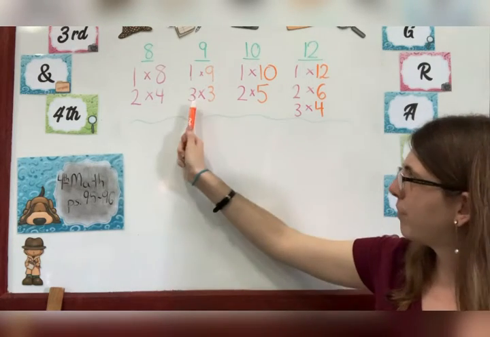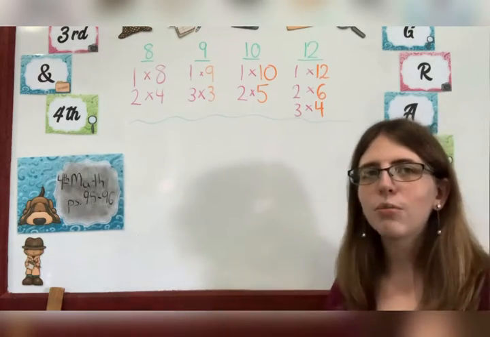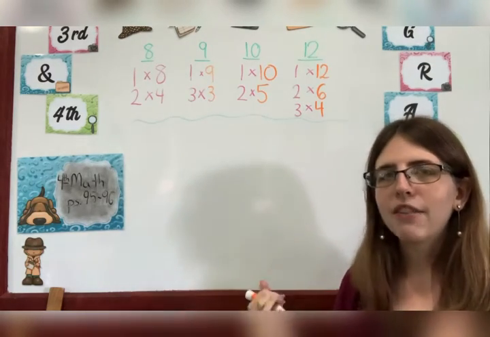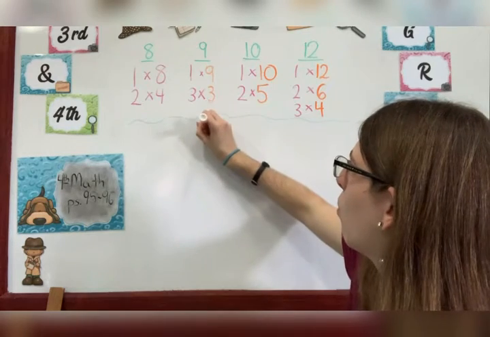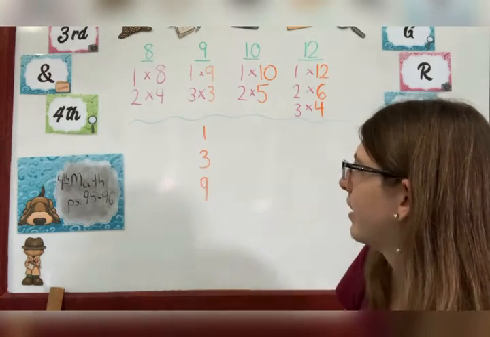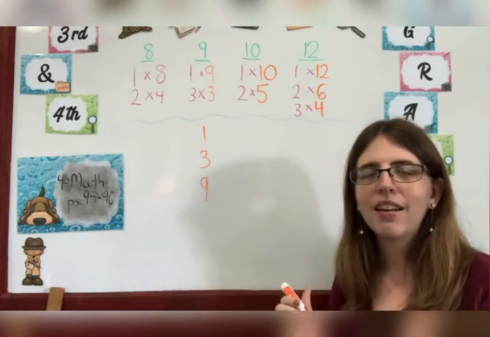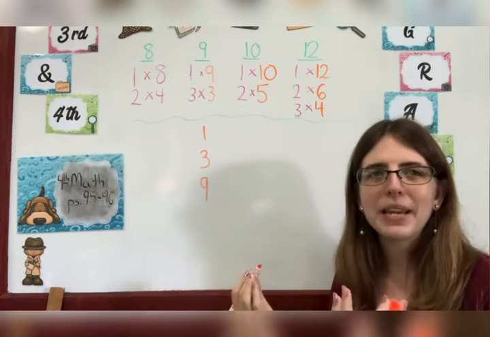For example, in 9, you have 3 and 3, but I don't need to write both 3's. My factors of 9 are 1, 3, and 9. You only need to write it one time because once I've written 3 as a factor, I don't need to repeat it.